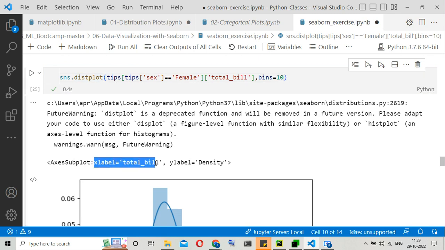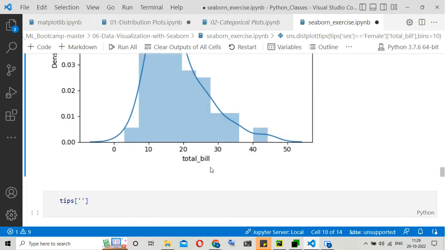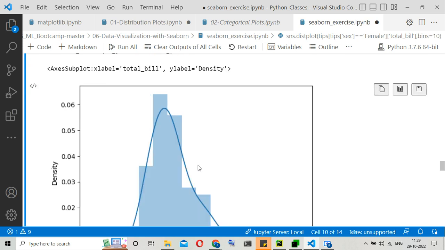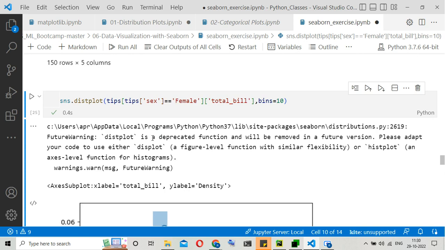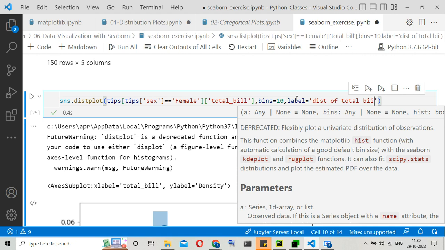You can pass the X label is this, Y label is this. I think by default it is taking density and total bill. And similarly label is for the total plot also. So maybe we can try label and say best plot of total bills.